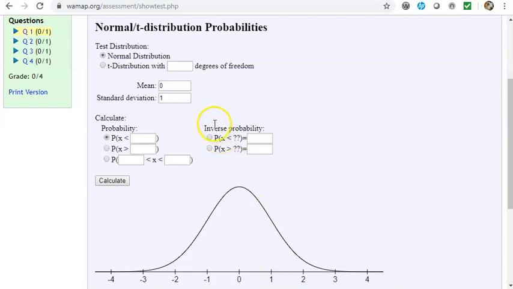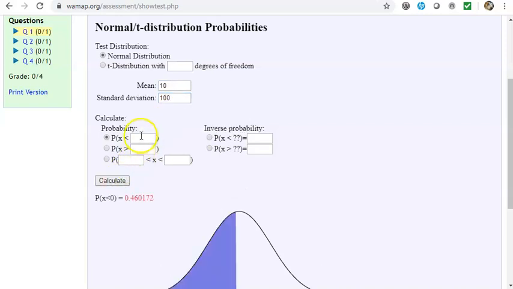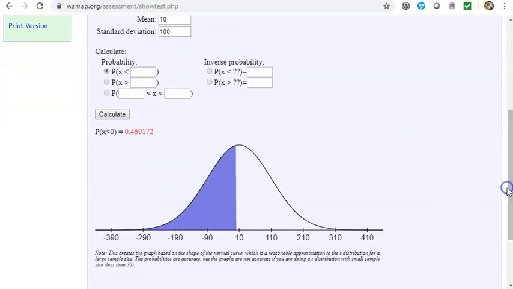So if I said the mean was 10 and standard deviation 100, I'll change the mean here to 10, and the standard deviation to 100. And you have to calculate. You can see there's a graph right there where the peak is over 10, and now the numbers are going to spread out so the standard deviation is 100.